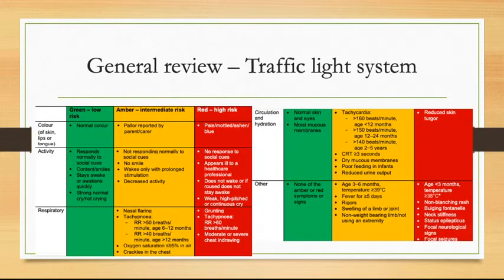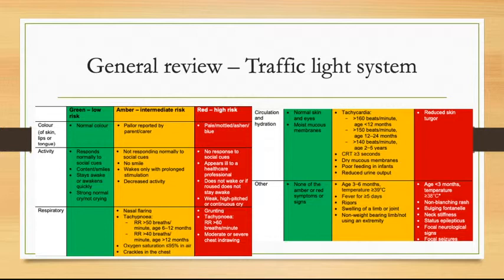So I'm not sure if you've seen or heard of this traffic light system. GPs like to use it. It's basically an assessment criteria for children under 5 years old who present with fever.